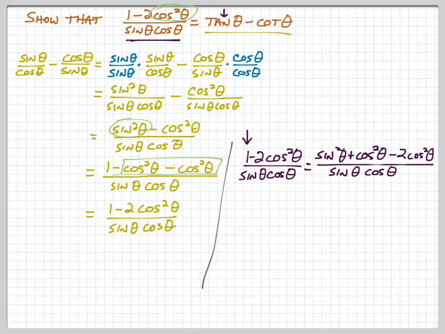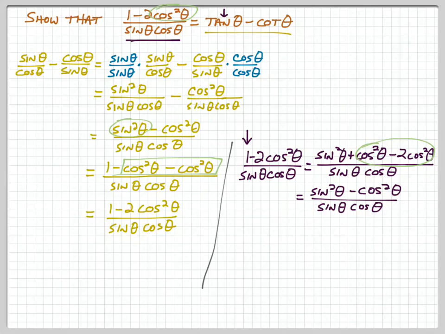Now we can recognize that these two things are roughly the same, a cosine squared and a cosine squared, so we can simplify those pieces. So we're going to have (sine squared theta minus cosine squared theta) over (sine theta cosine theta).